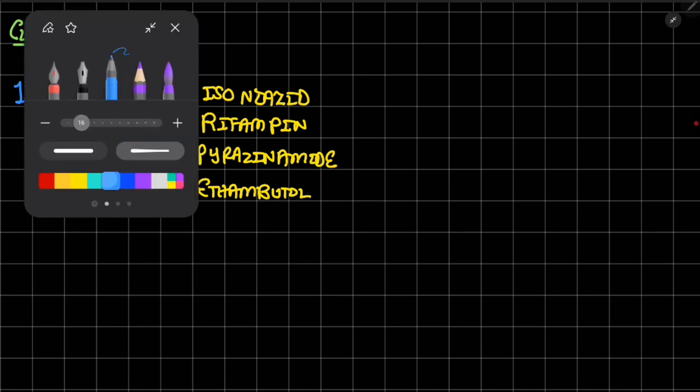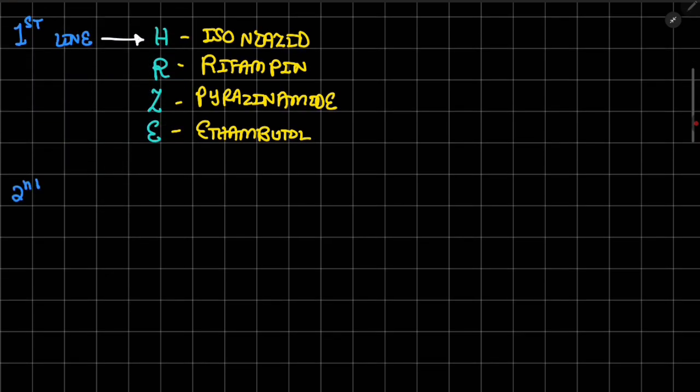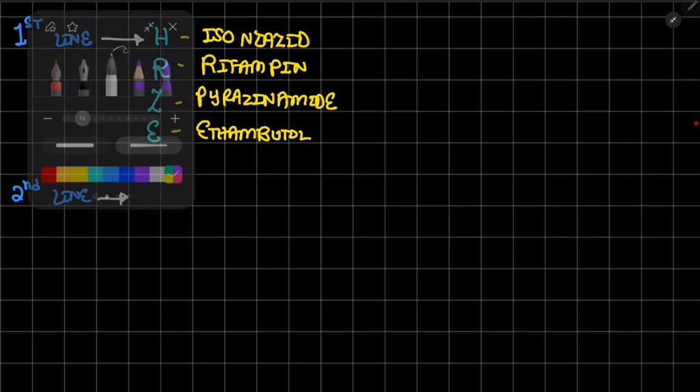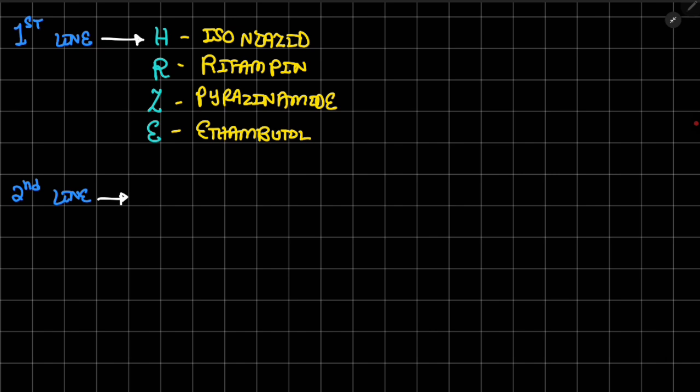Now the second line drugs. We have many drugs in the second line. We have PAS, para amino salicylic acid, in short form we call it PAS.